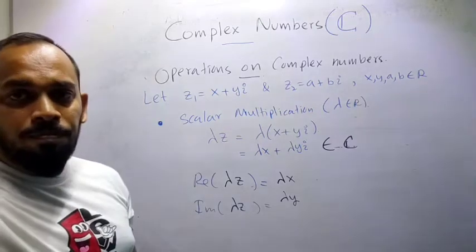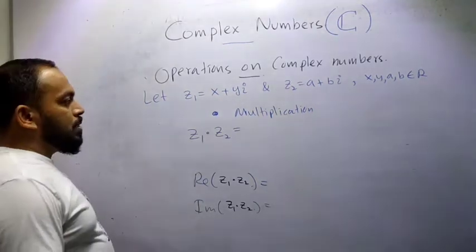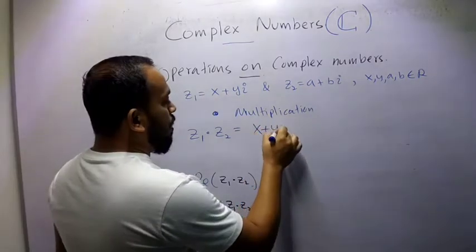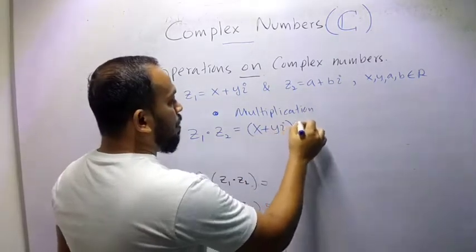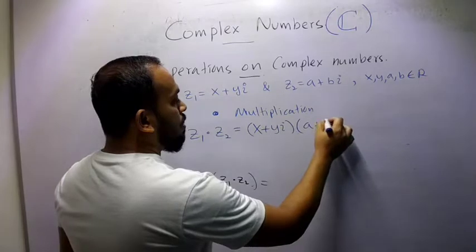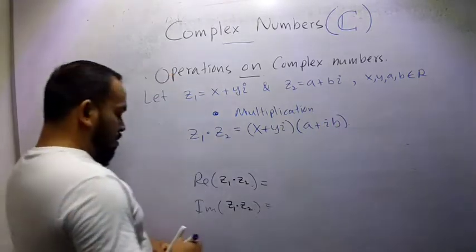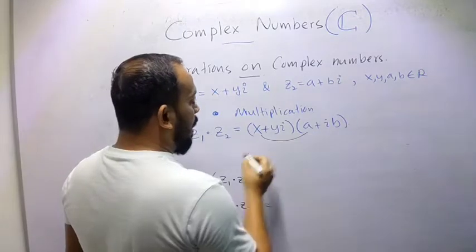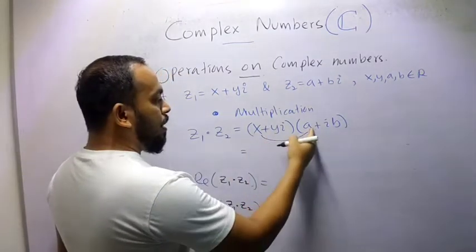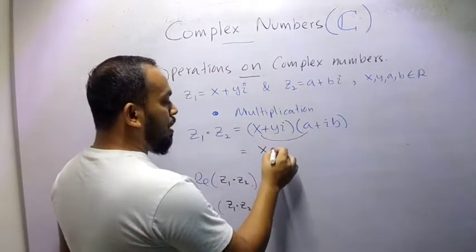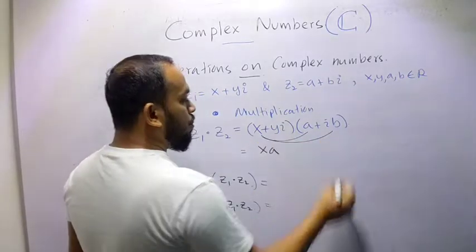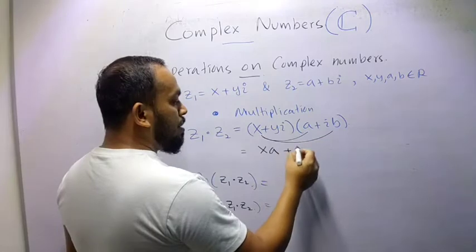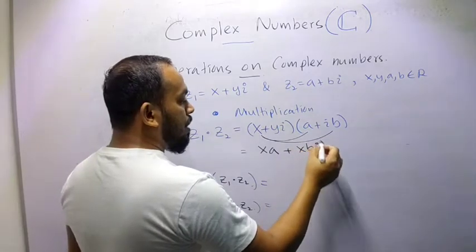Now multiplication. Right, multiplication z1 into z2. That means x plus yi into a plus bi. So follow this order. First multiply out x into a, so xa. Then these two, x into bi, so that is xb times i.